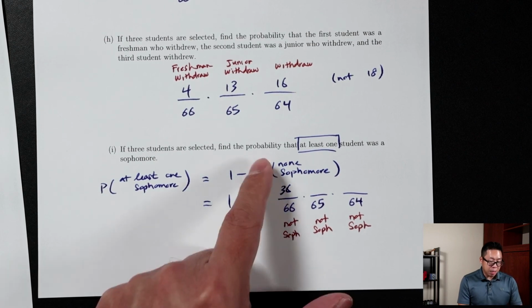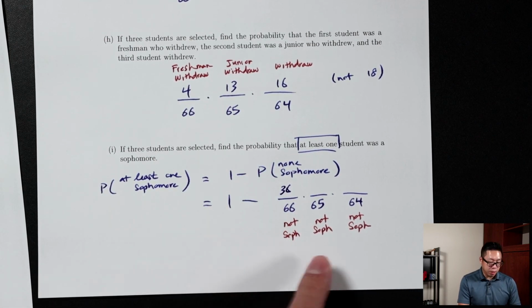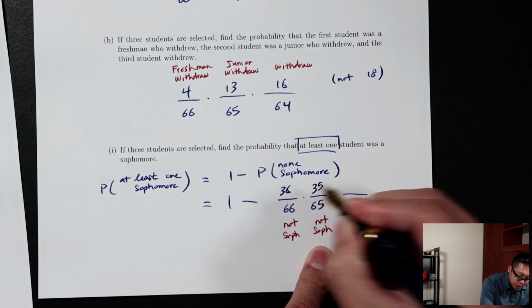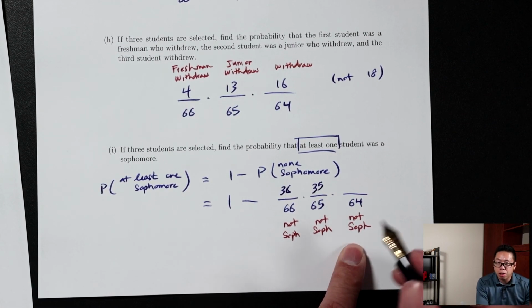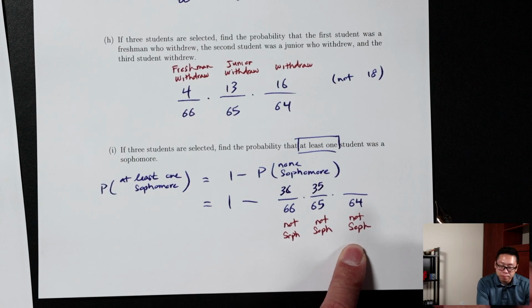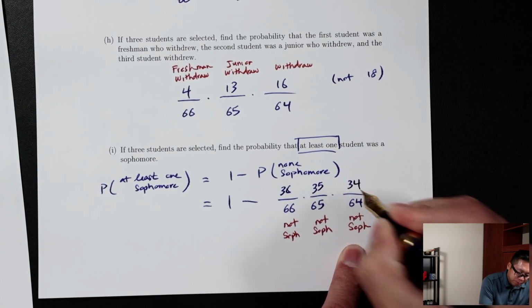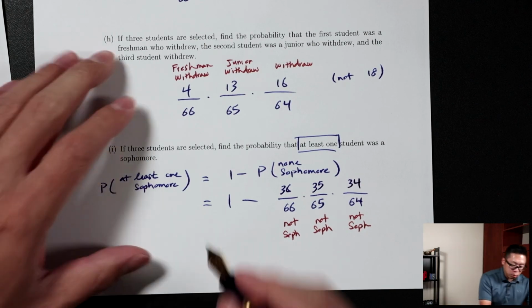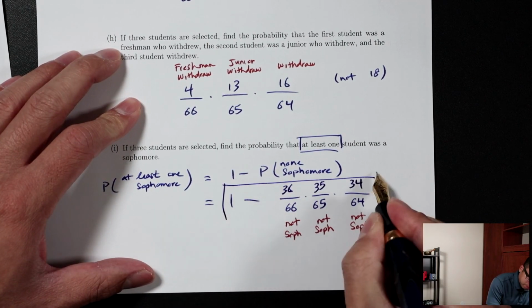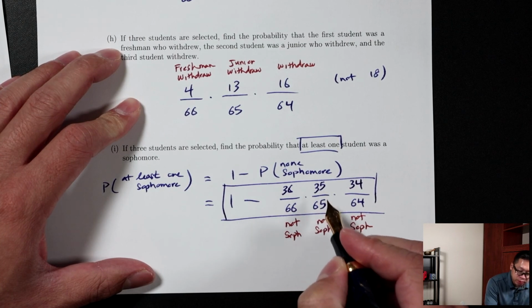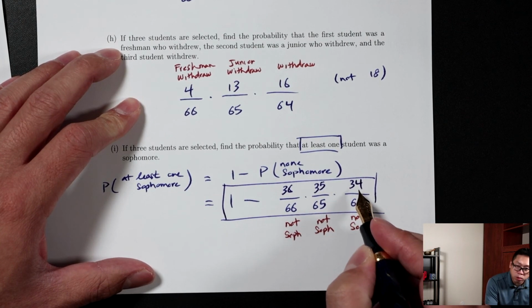Keeping in mind that I already chose 1 not sophomore, I have to reduce by 1 to now 35. And for the same reason, the last one, I also want to be another not sophomore, so I have to reduce again to 34. So final answer will be 1 minus 36 over 66 times 35 over 65 times 34 over 64.